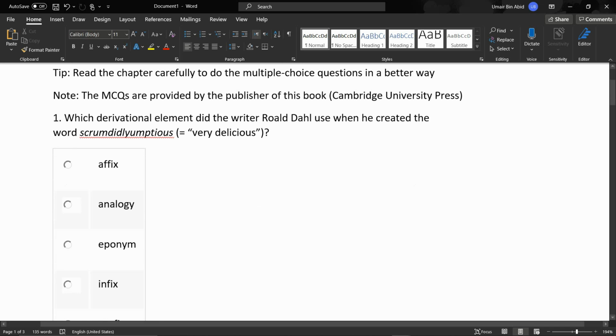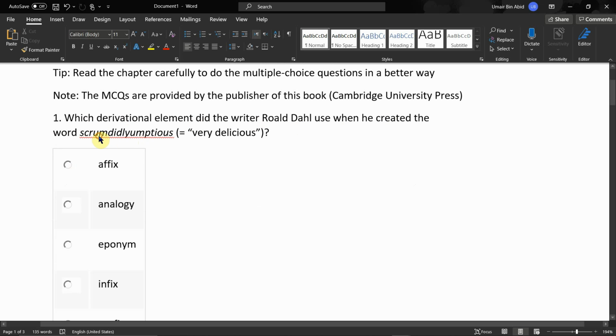If we look at the first question: which derivational element did the writer Roald Dahl use when he created the word scrumdiddlyumptious? If we look at this word carefully, definitely it is an English word.